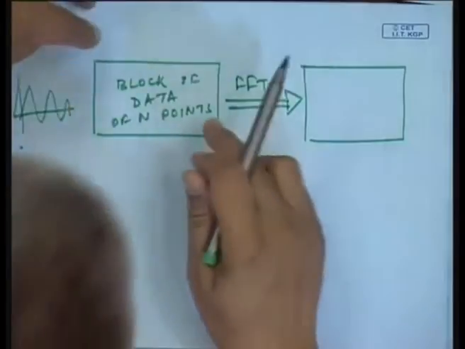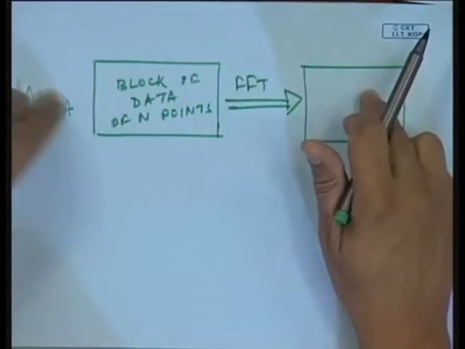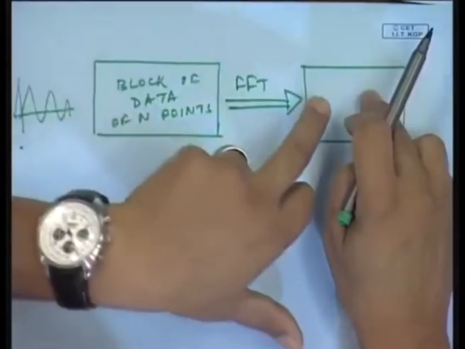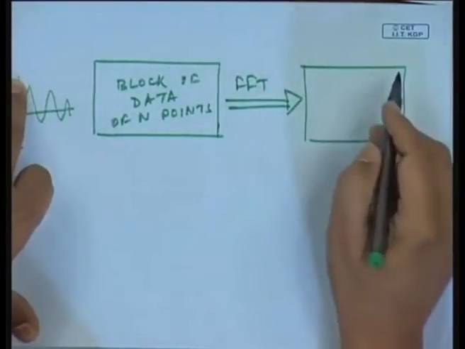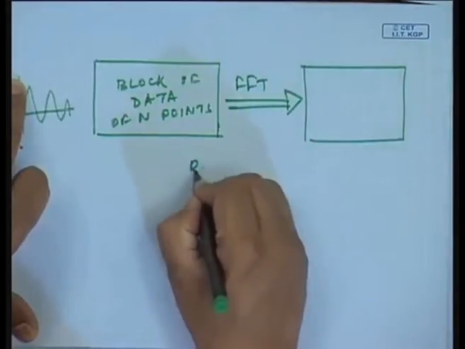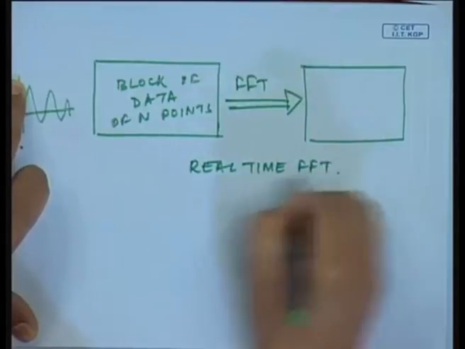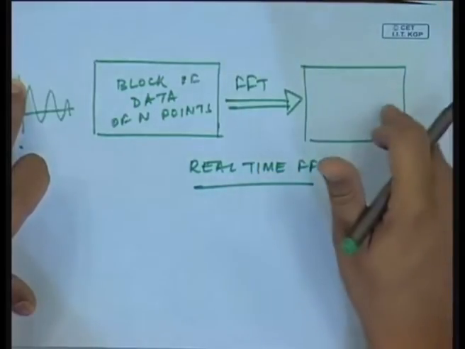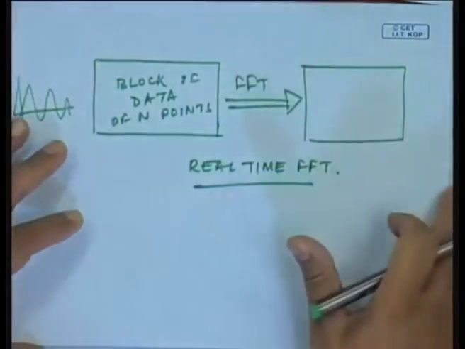Before I finish computing the FFT, if more data comes, I have to either store it, otherwise I will lose the data. But if I can complete the FFT before the second block of data comes, I would have done what is known as the real time FFT. So, FFT computations are done on the fly, quickly, efficiently, before the next block of data comes. That is what is known as real time FFT.